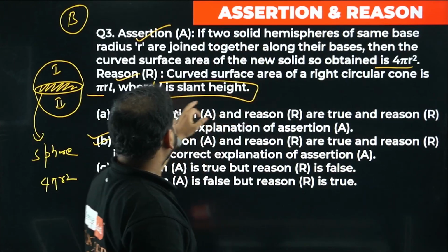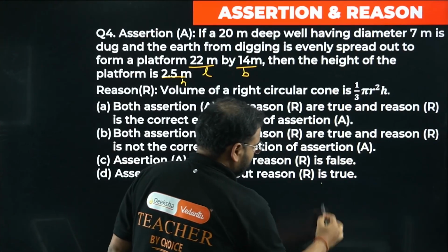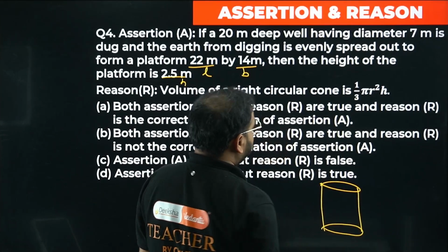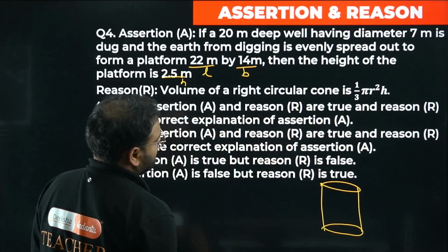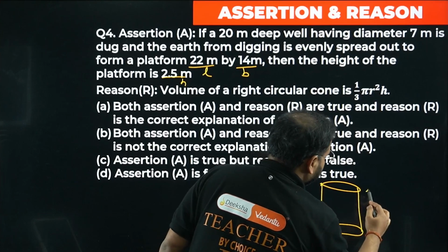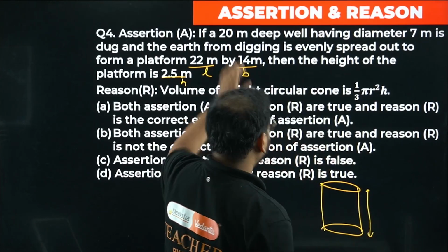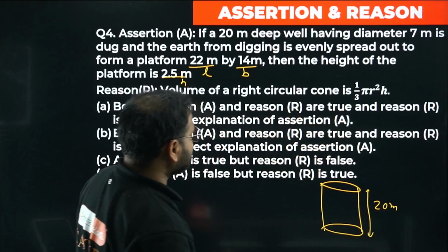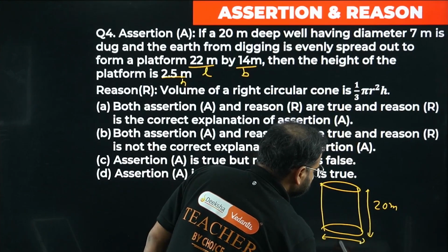Height of the well. This is the well. So in that case, this is the height. They've given the depth, right? 20 meters. Okay, diameter is given, sir. So this is total 7.